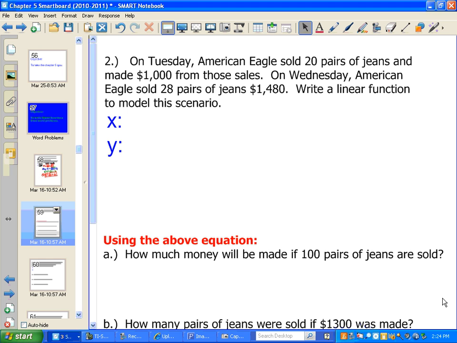And these ones are a little bit different from your quiz, but similar in a way. In case you're confused, X is jeans, Y should be money.